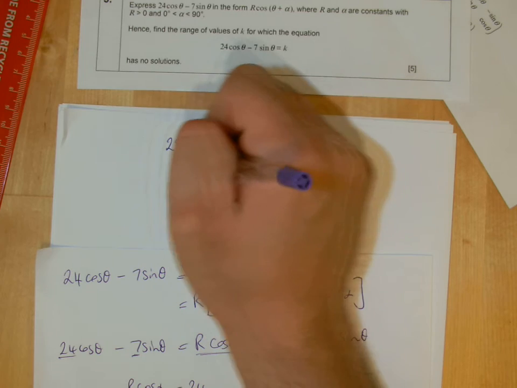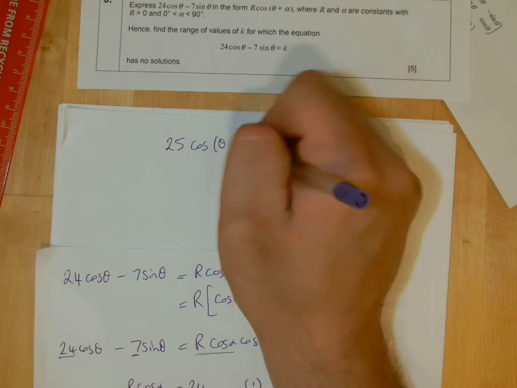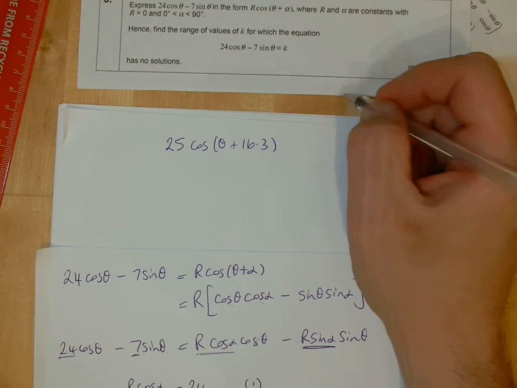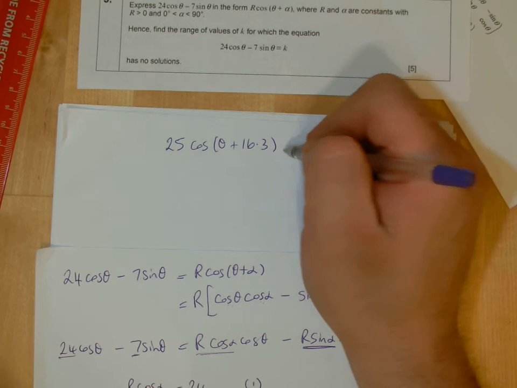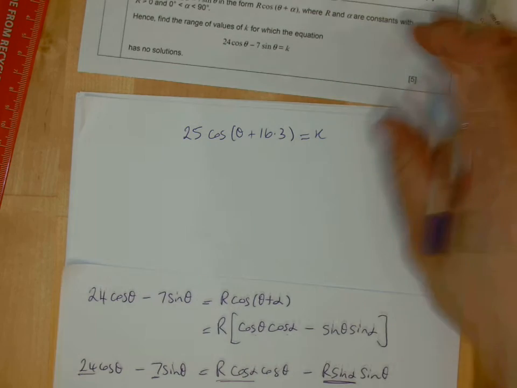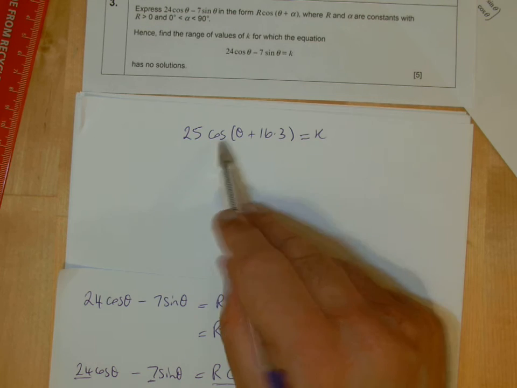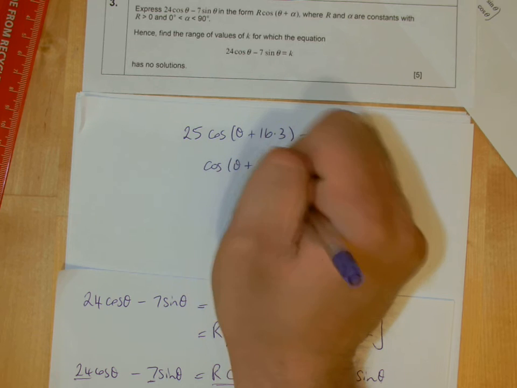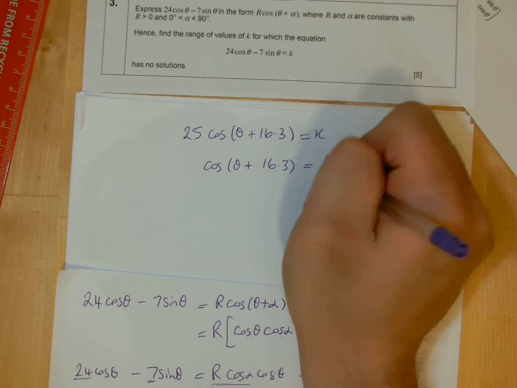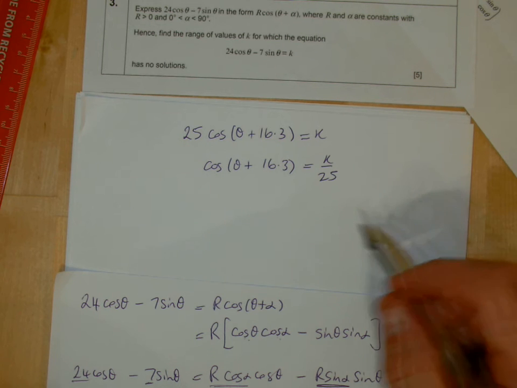So we could say 25 cos(theta + 16.3), put that instead of this, equals k. Therefore cos(theta + 16.3) will equal k over 25. Take the 25 over and divide.